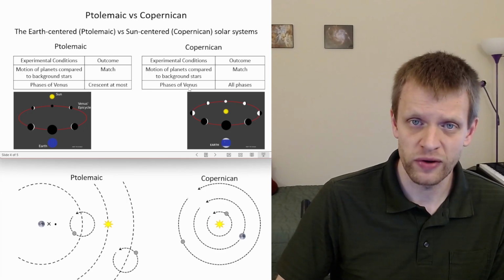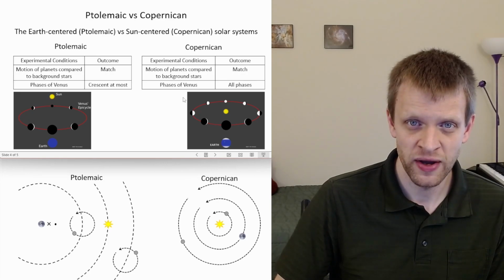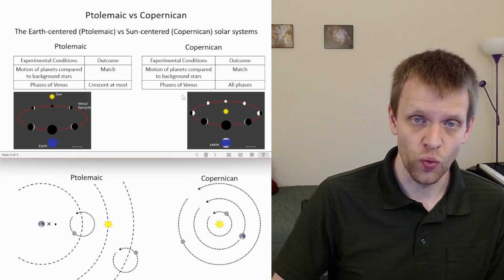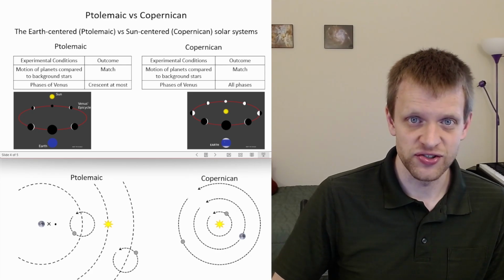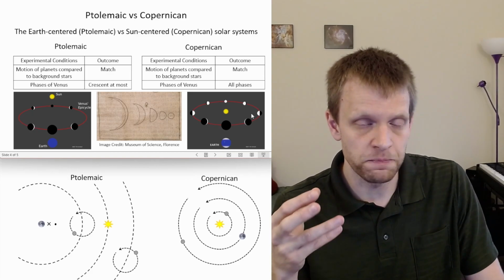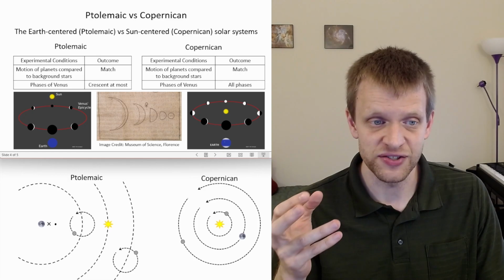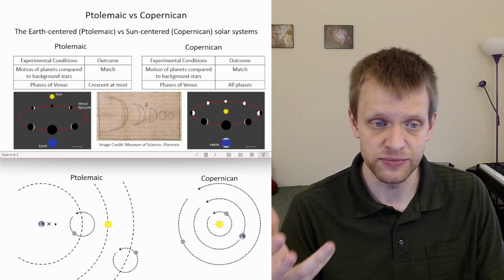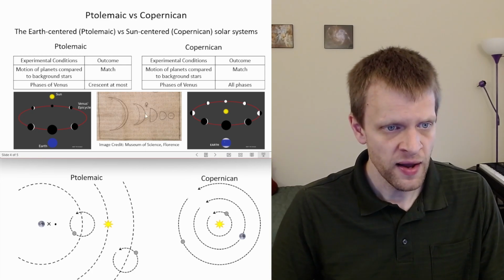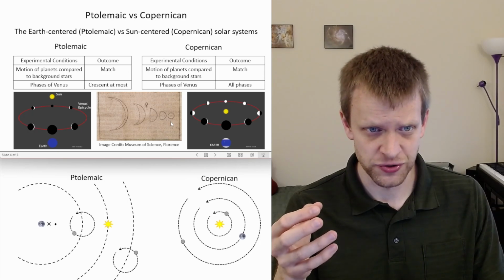So this is where the Ptolemaic and the Copernican models make different predictions. And those are the kind of predictions that we want to test. And when Galileo took his early telescope and aimed it at Venus, these are some of the pictures that he drew representing the different phases of Venus that he saw at different times of the year as Venus moved around in its orbit. And he identified all of these different phases.